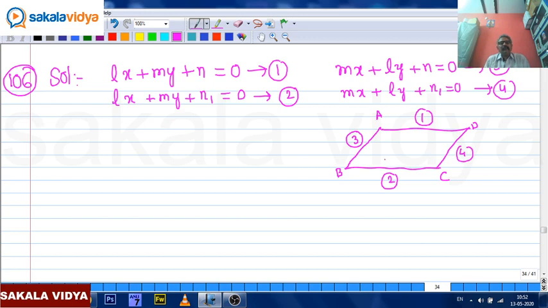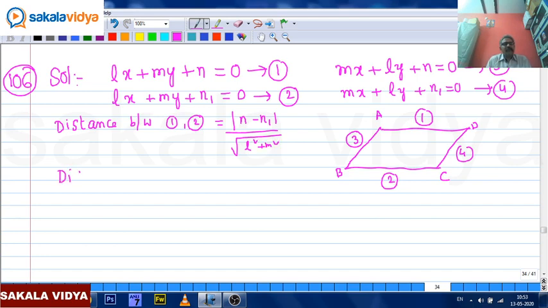The distance between 1 and 2, that means the distance between the parallel lines, is mod of n minus n1 by root of L square plus m square.